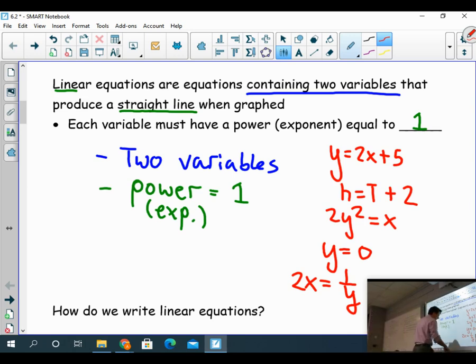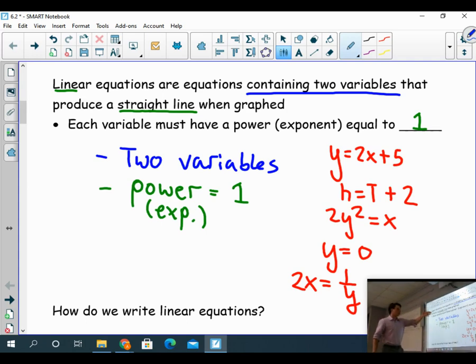But what we want to imagine is that when graphed, these will produce a line. So that's one way of thinking about it. The other way is to think about the two features that we know of linear equations. They can only have two variables, and the exponent must be equal to 1. So I look at the first one.